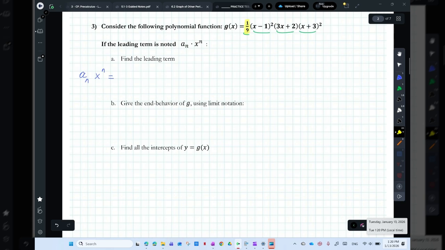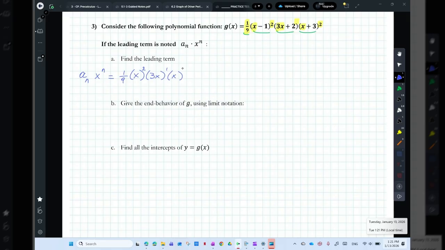Here I only have one, it's 1 over 9. Here I will have x, but I'm not going to forget to apply the square. Here I've got 3x exponent 1 and x squared. So I will have 1 over 9 times x squared times 3x exponent 1 times x squared.